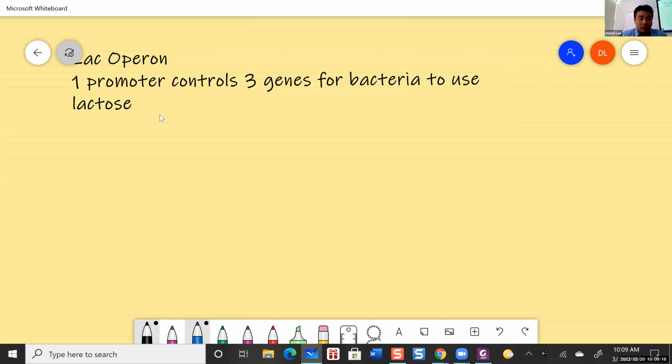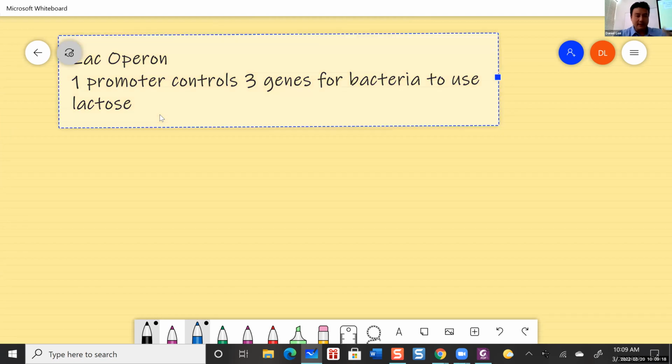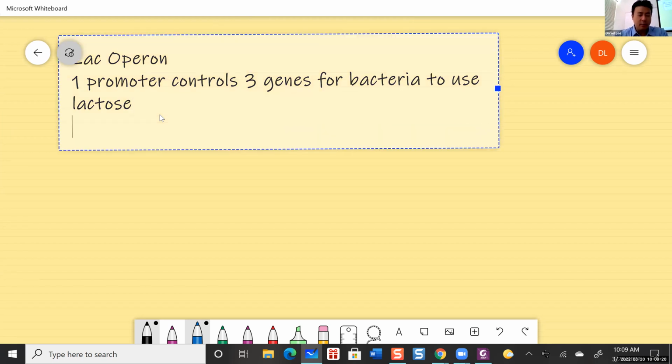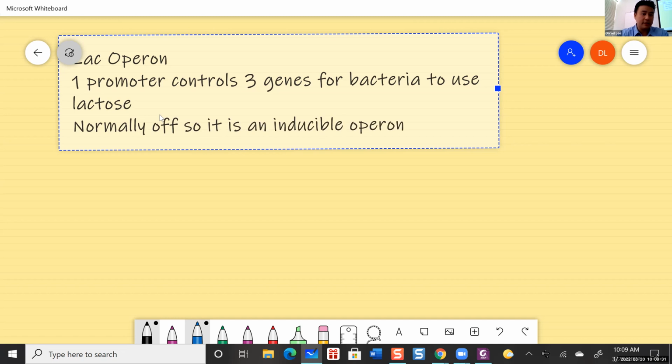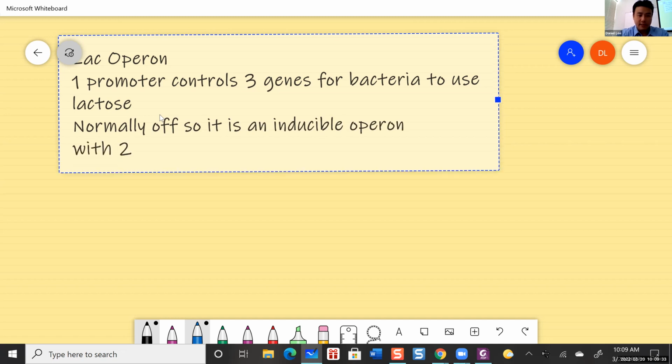Why turn it on when there's glucose around? Glucose does not require digestion. And why turn it on when there's no lactose? So this one is normally off, so it is an inducible operon, and it can be turned on when two conditions are met.